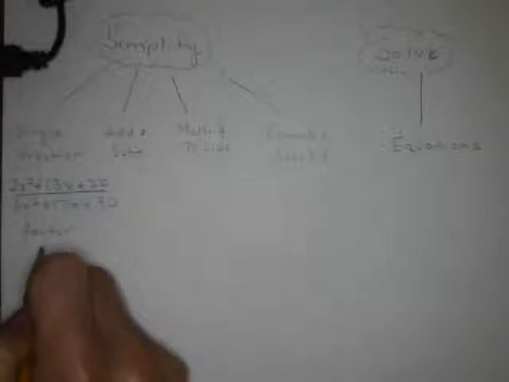In the case of a single fraction like this, the strategy that you're going to want to use is factor and cancel, meaning you will try to factor the numerator and the denominator into its simplest form, and then cancel any like terms that you have.